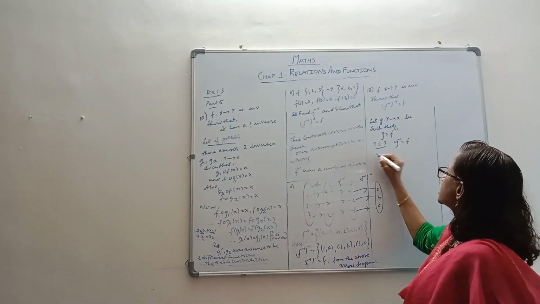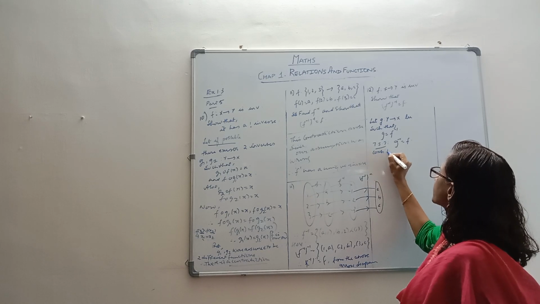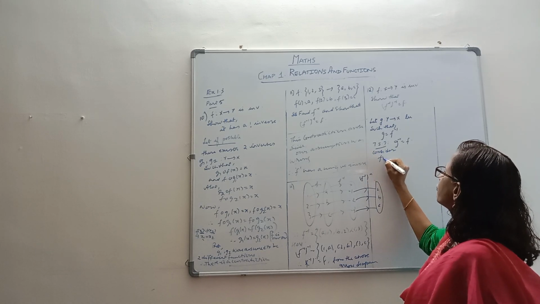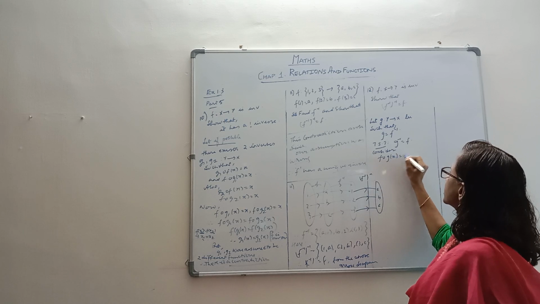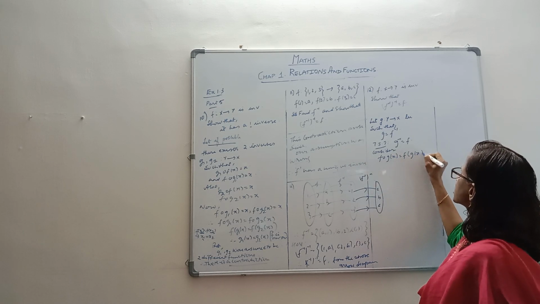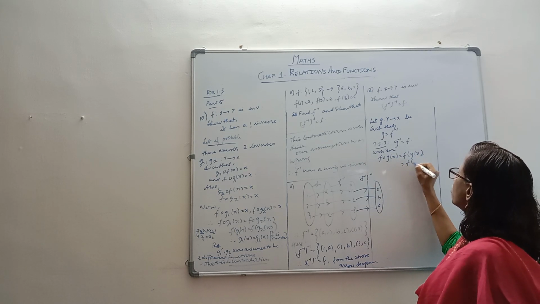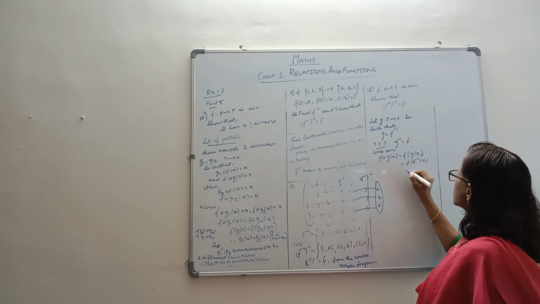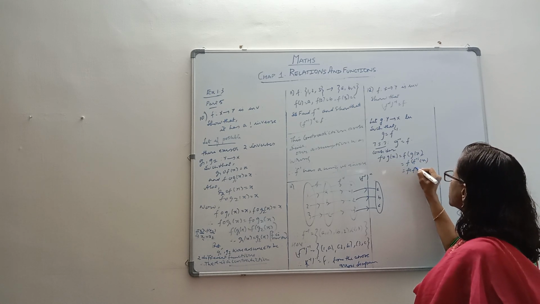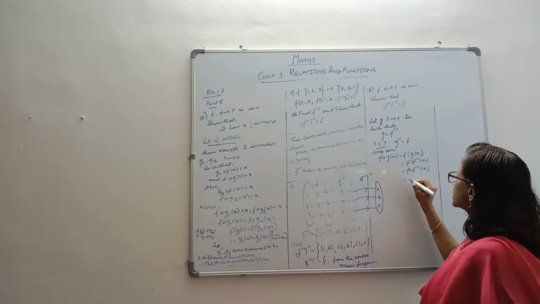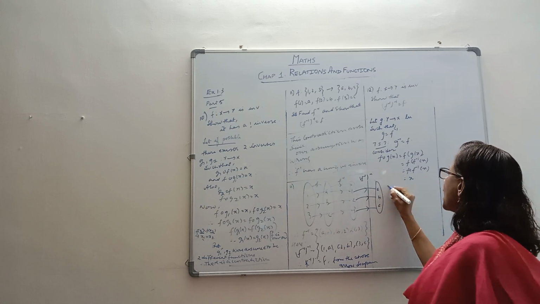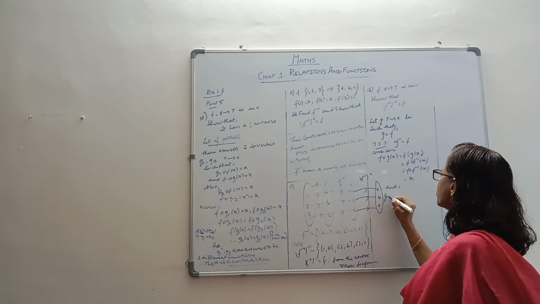So for that we will consider f o g of x, that is f of g of x, or rather it is f of f inverse of x. So f o f inverse is always identity, so that will be x. And let's consider g o f of x.